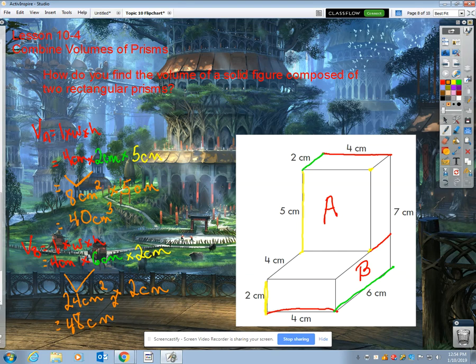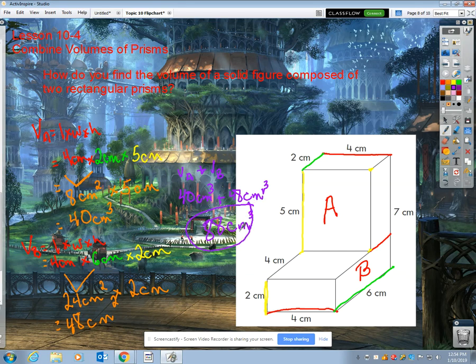And what we want to do is multiply, or not multiply, we want to add. We need to add the volume of A plus the volume of B. We can do that. I don't know if purple will show up, but we'll go ahead and do that. Volume of A plus the volume of B. So we have 40 centimeters cubed plus 48 centimeters cubed equals 88 centimeters to the third power.